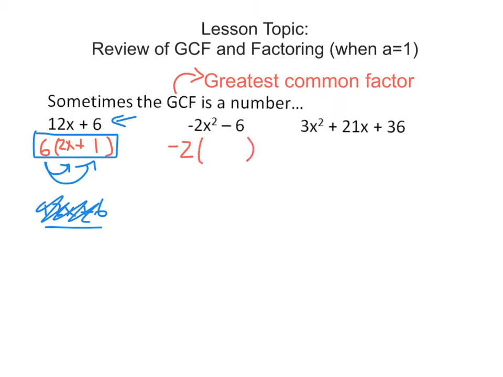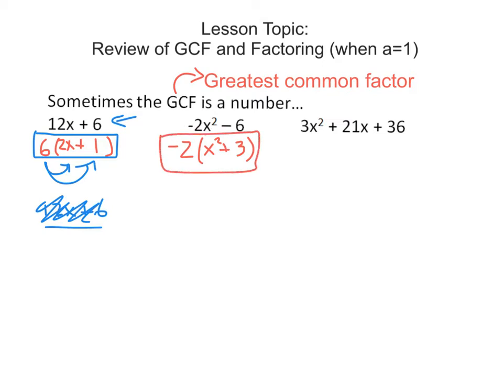When I factor out the negative 2, right here, that negative 2 will be factored out. We're left with x squared, or 1x squared. That minus sign right there will actually become a plus sign because we're factoring that negative sign out. You can think of it as taking negative 6 and dividing it by negative 2. Well, a negative divided by negative is positive, and 6 divided by 2 is 3.